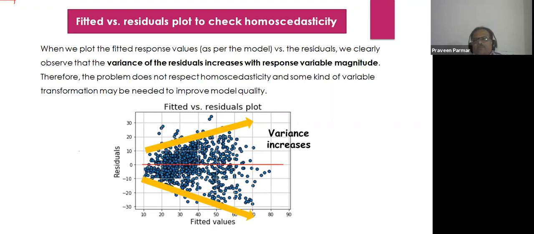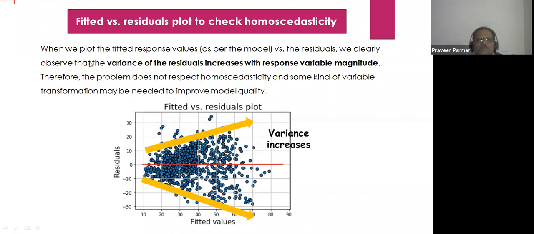So when we plot the fitted response values, these are the fitted values and the residuals. You look at here, the fitted values, the predictions we are getting, and these are the residuals. As the fitted values are increasing, the variance of the residuals is also increasing. Got it?